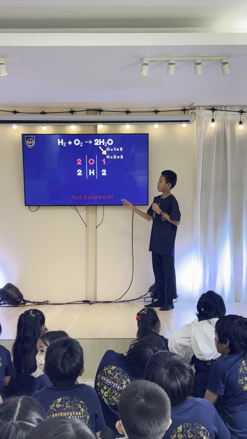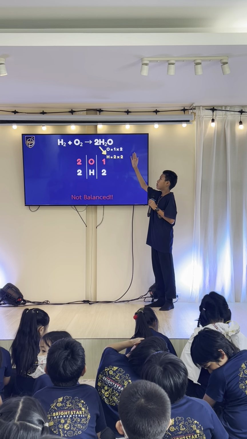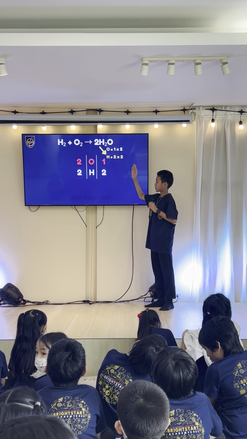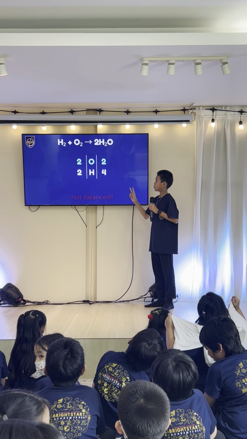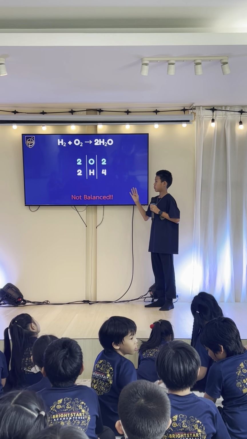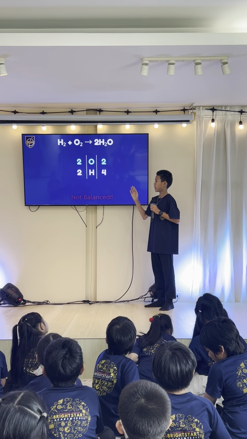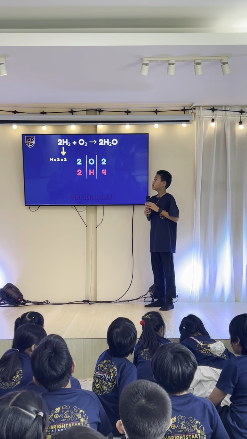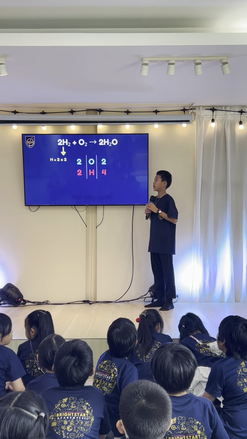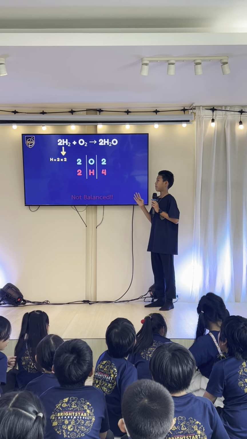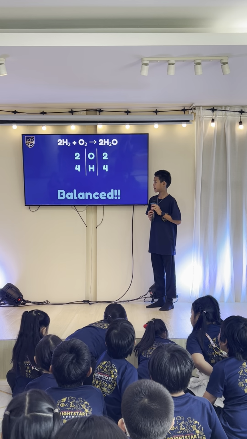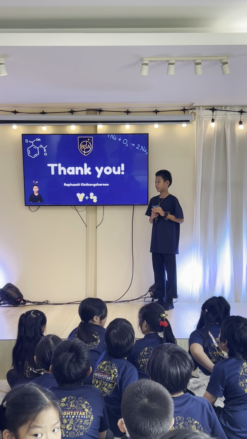So we can add a coefficient 2 to water on the product side to get 2 oxygens, but 4 hydrogens. Now oxygen is balanced, but hydrogen is not. So we need to add a coefficient 2 to hydrogen on the reactant side to get 4 hydrogens. And now our equation is balanced. Thank you.